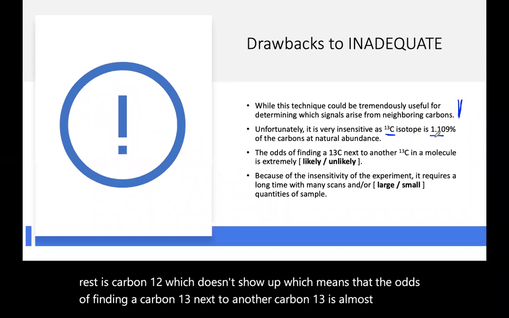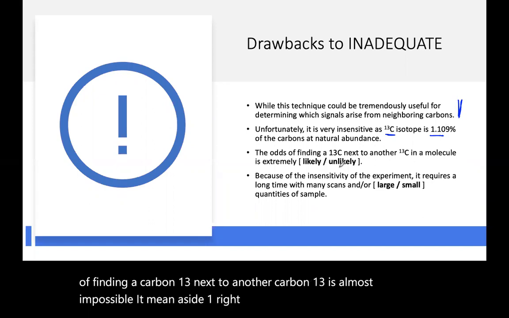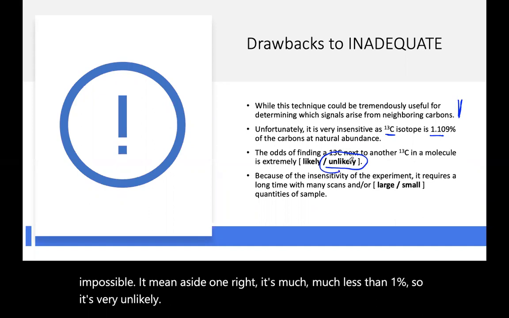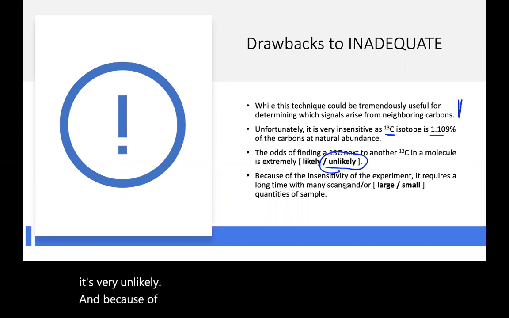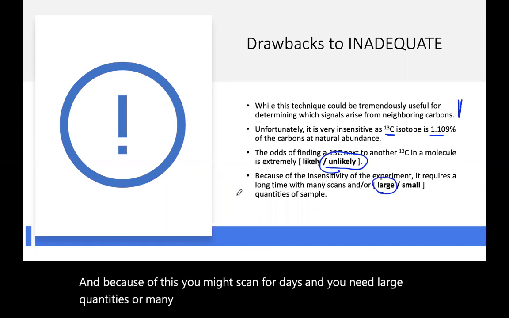It's much, much less than 1%. So it's very unlikely. And because of this, you might scan for days and you need large quantities or many scans. The other alternative is you could use an enriched sample.